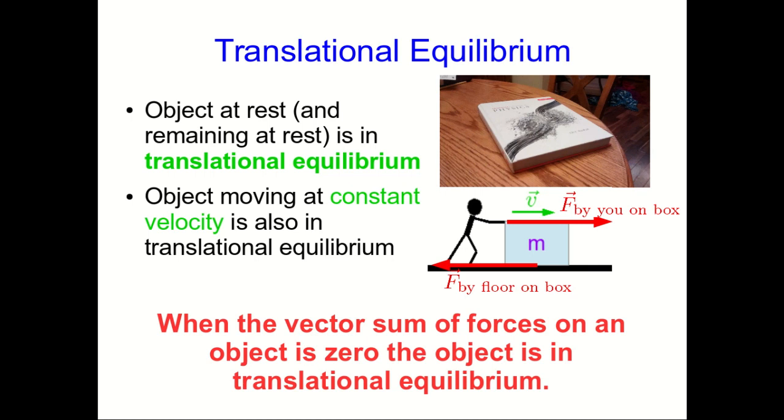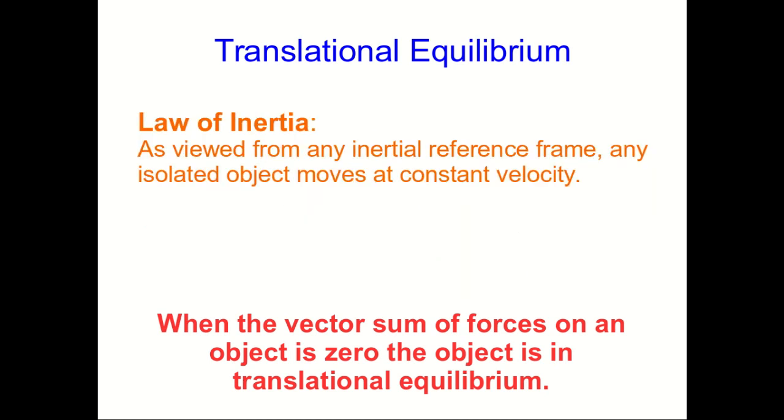But we've already seen this idea much earlier in the course in another disguise. Think of the law of inertia. As viewed from any inertial reference frame, any isolated object moves at constant velocity. Well, an isolated object is an object that isn't interacting with the environment, except we now see another possibility. If all the interactions cancel each other out, that's the same thing as not interacting with the environment.